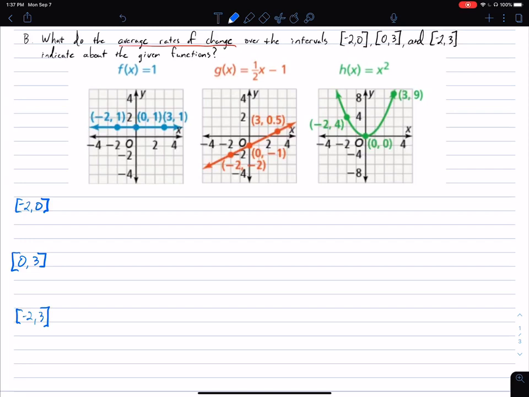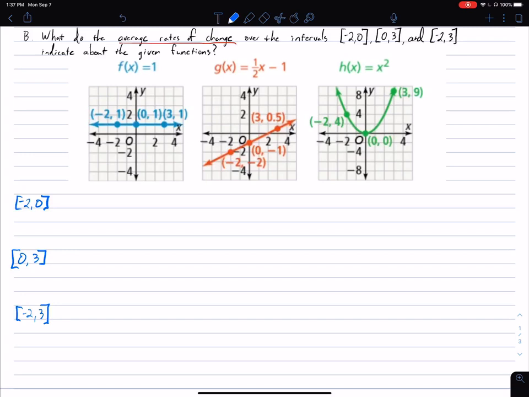So my average rate of change between -2, 0, that's not a coordinate point, that's interval notation. So they're looking at -2 here and 0. So these are the 2 points that they're looking at, this one and this one for this specific part of the problem. So I want to look at these 2 points, -2, 1 and 0, 1.